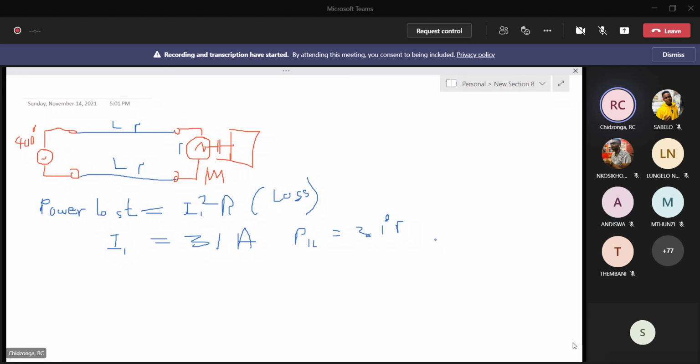But now, when you correct the power factor from 73% to 89%, something changes, and I illustrated that to you before. After power factor correction, this power here stays the same. Do you remember how much it was? 9.3K.